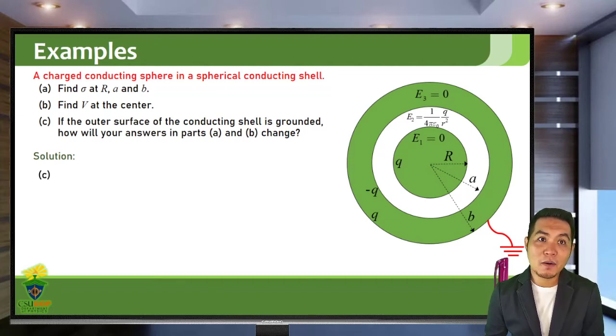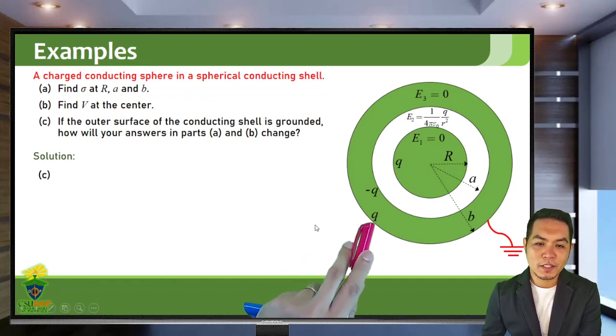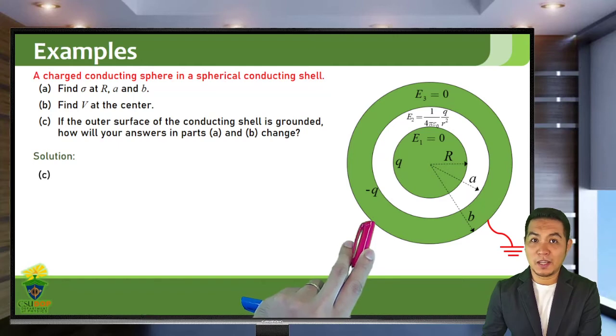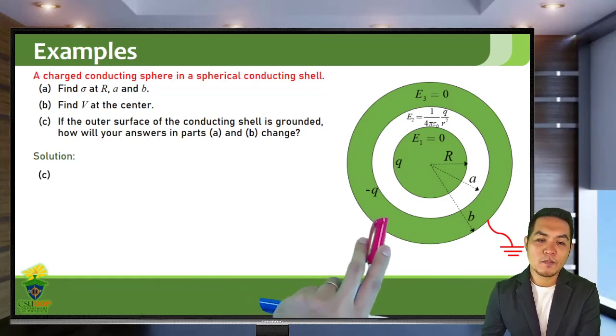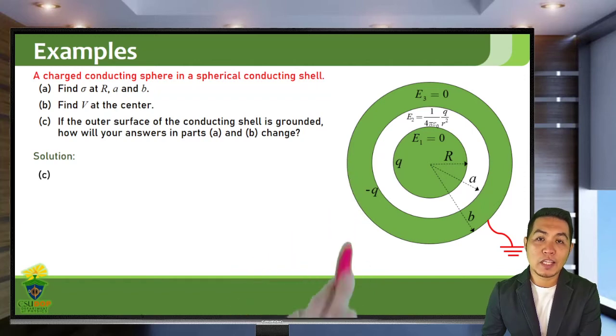You're taking away the charges on the surface, you're transferring it to the ground. So when you ground the outer surface, this positive Q charge distributed in the outer surface will be gone. So there will no longer be a charge distribution on the outer surface, because you already grounded it.